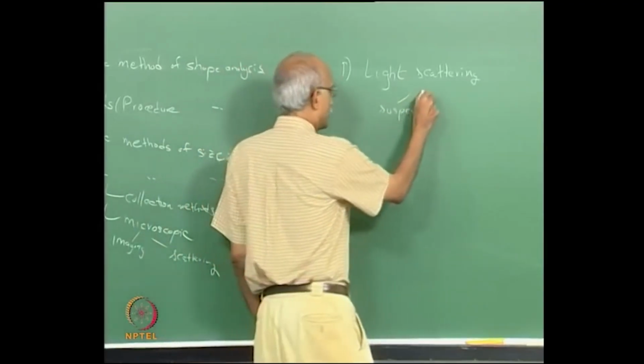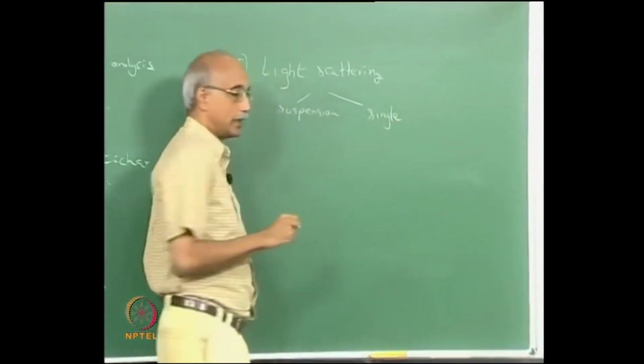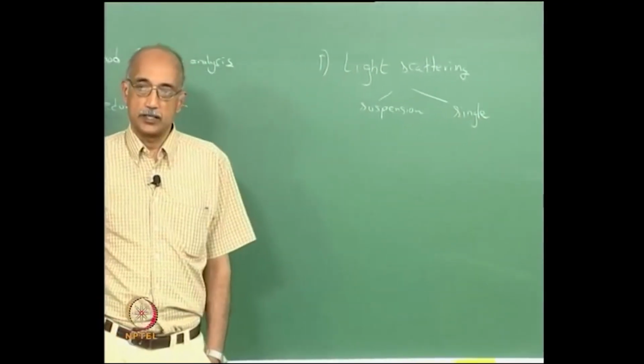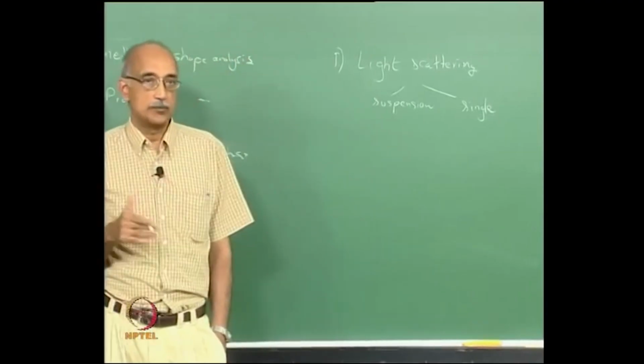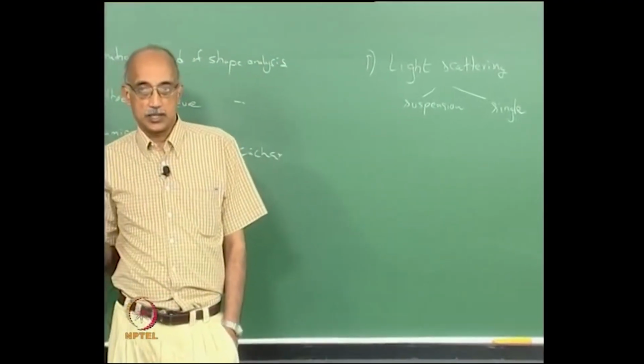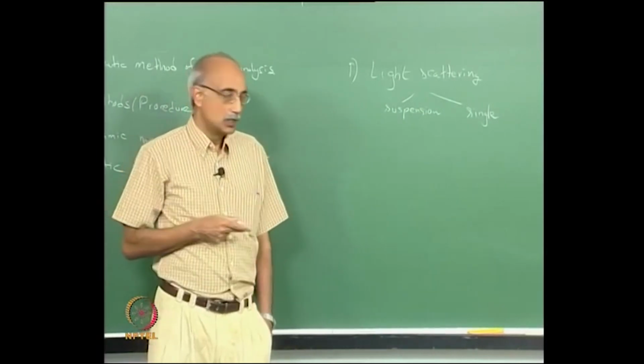And we also looked at it for single particles, where the scattering of light from single particles was divided into the Rayleigh regime and the Mie regime, and scattering laws were established in each of these regimes.